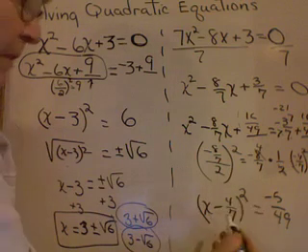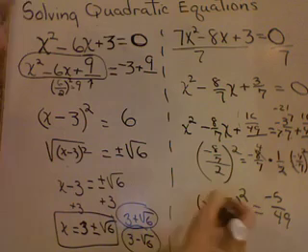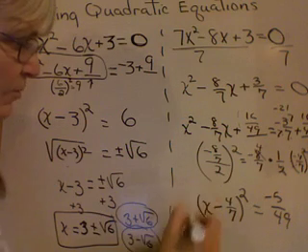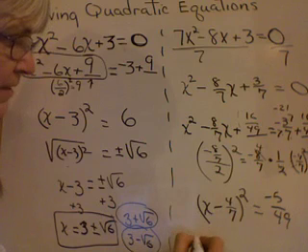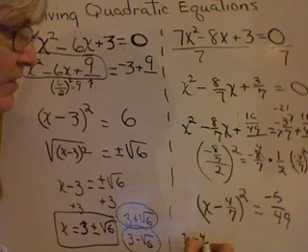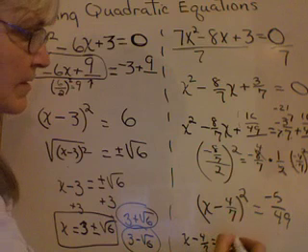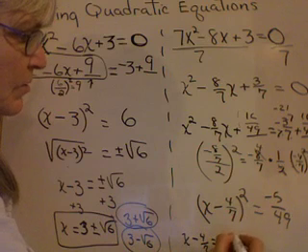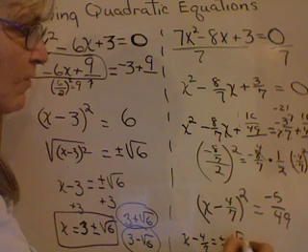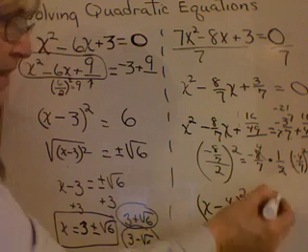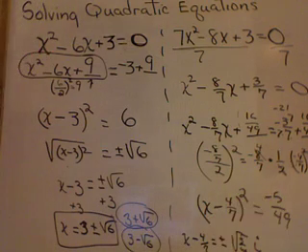So, next step here, I'm running out of room. I'll write a little bit small. If I take the square root of both sides, I end up with x minus 4/7 equals plus or minus the square root of negative 5 over 49. Remember, I can take the negative out as an i, imaginary number.